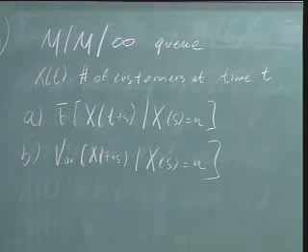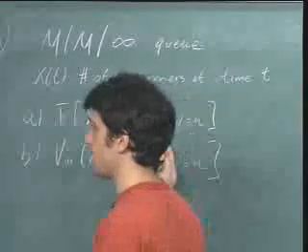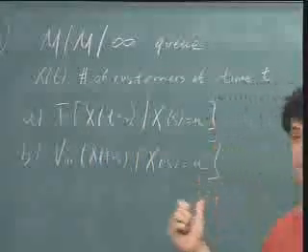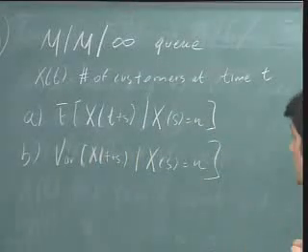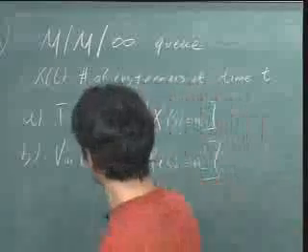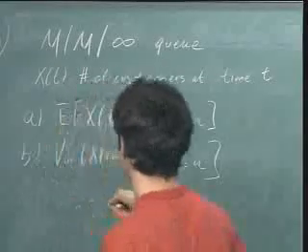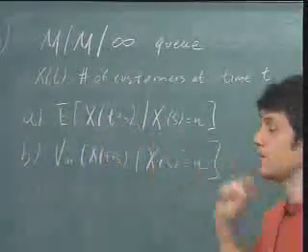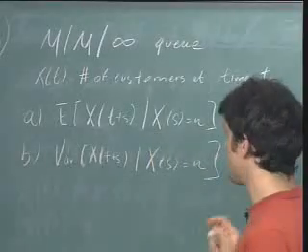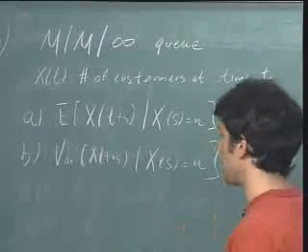So we basically want to find out, given that at a certain point in time, time s, we have n customers being served, how many customers will be in the system at time t plus s, given that at time s we have n.